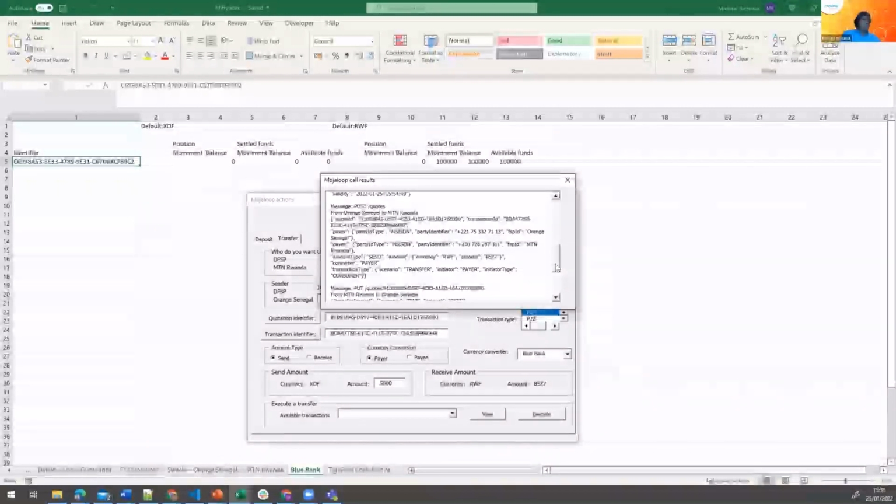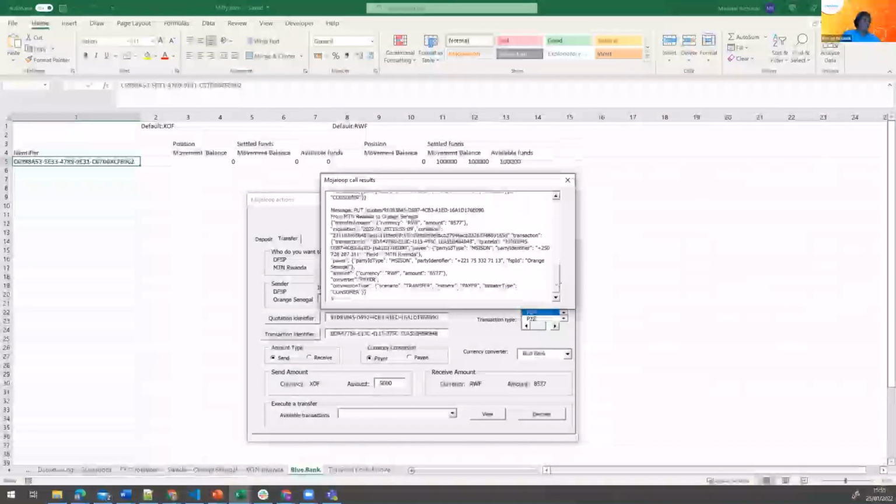So now we get a quote request that goes through from Orange Senegal to MTN Rwanda, which is for 8,577 Rwandan francs. And MTN Rwanda says, yeah, I recognize all of that. It's completely fine.